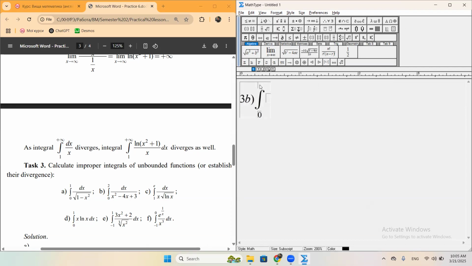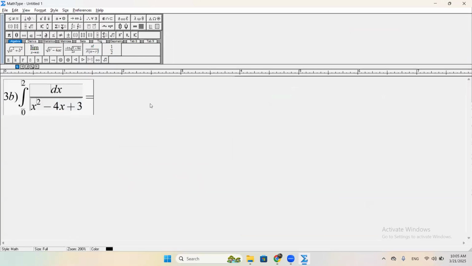So we have the following integral: dx over x squared minus 4x plus 3. First of all, let's find the perfect square.